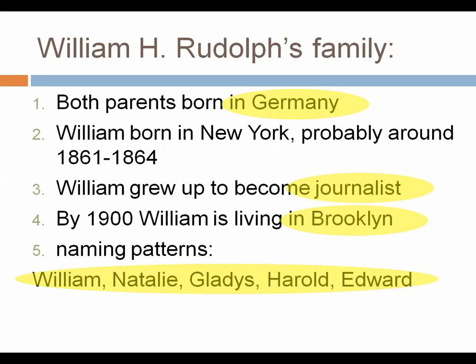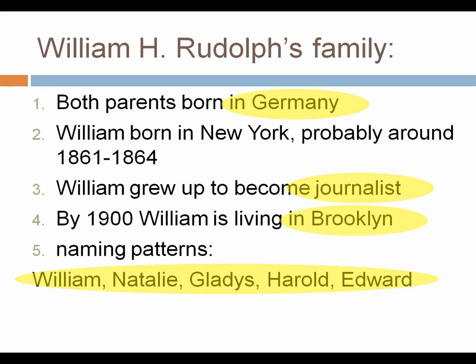We do know that both his parents were born in Germany, and we know that he was born probably in the period 1861 to 1864, based on the information that we have from the 1900 and later censuses. He grew up to become a journalist, and by 1900, he was living in Brooklyn.